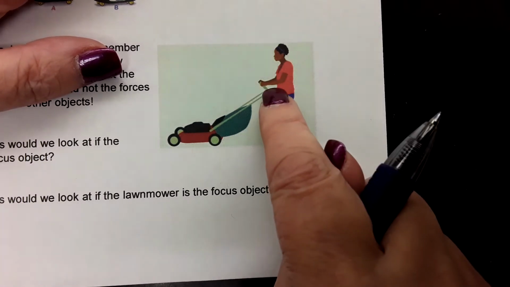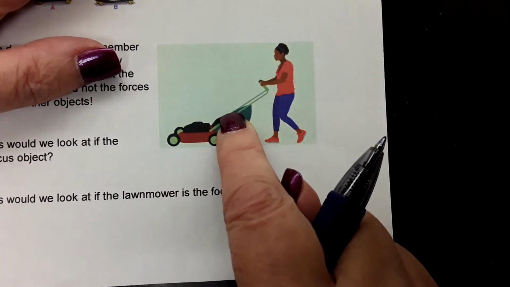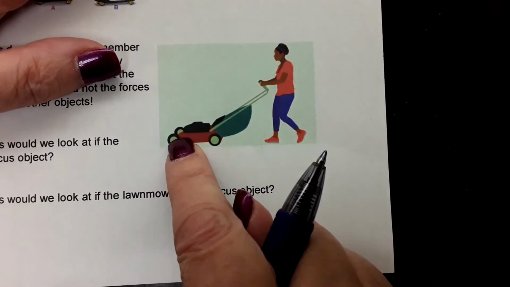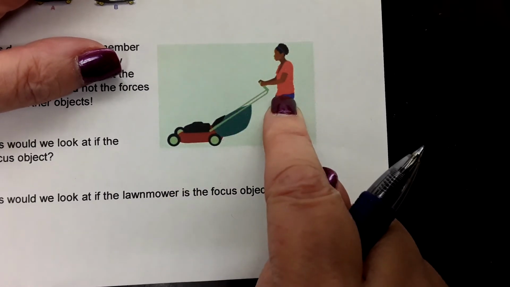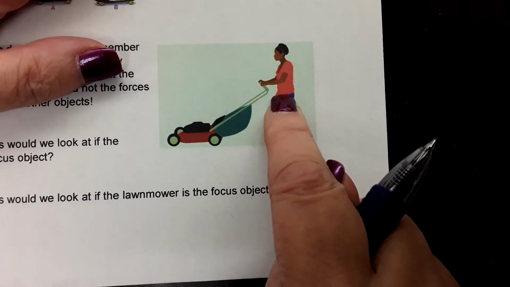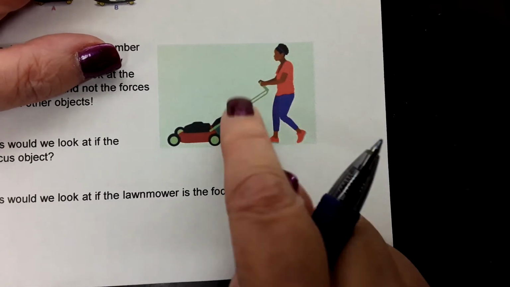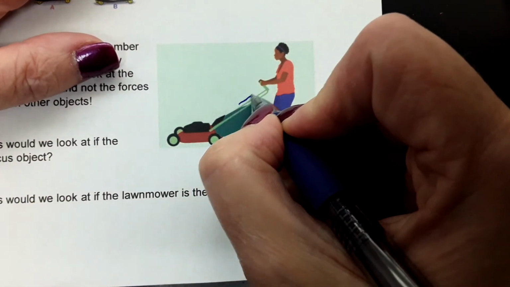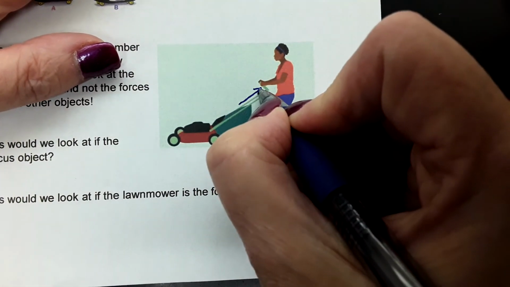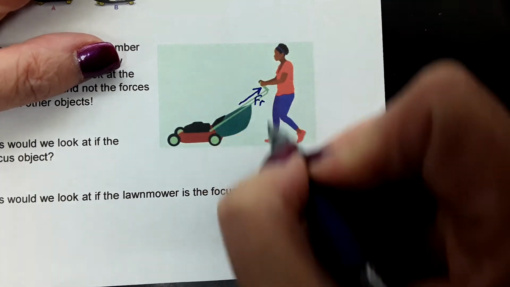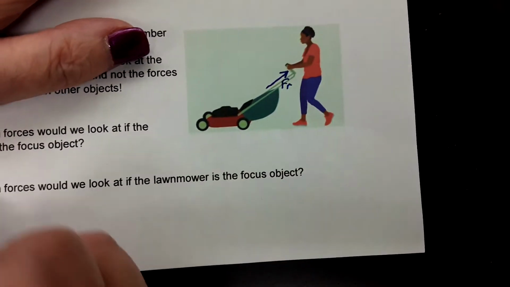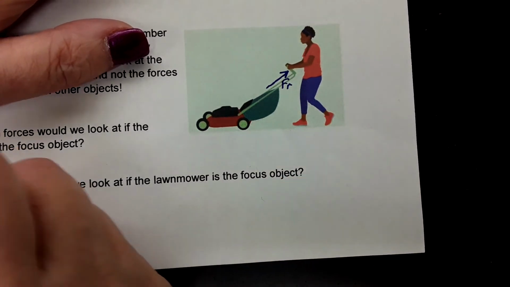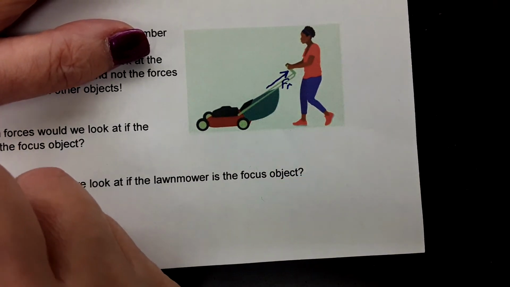Now, we know that she's pushing on the lawnmower, but that's acting on the lawnmower, not her. But from Newton's third law, we know if she's pushing on the lawnmower, the lawnmower is pushing back on her with a reaction force. So that is one of the forces acting on her, so we write that down.